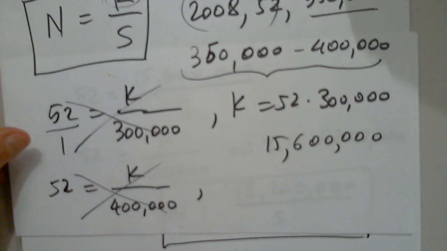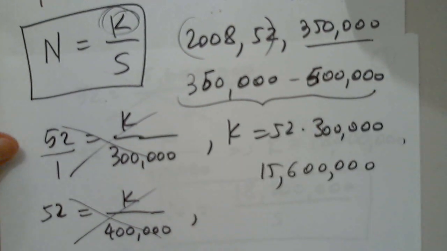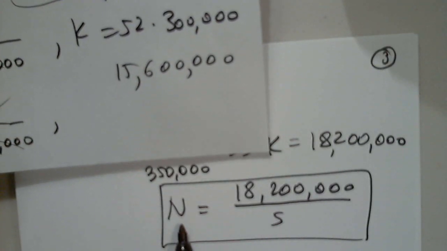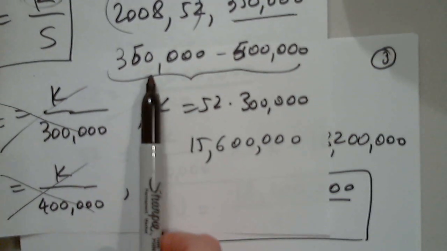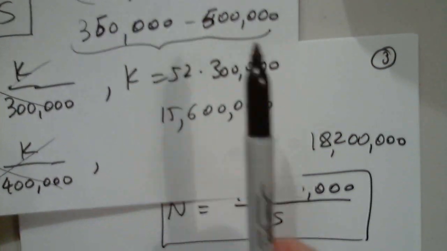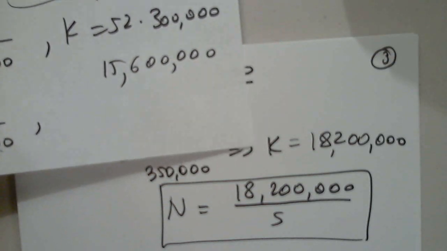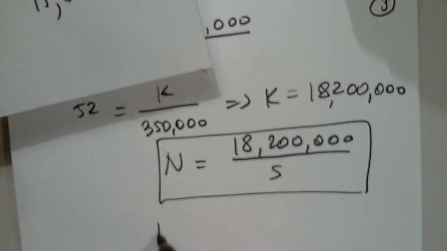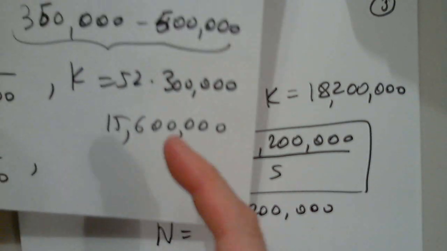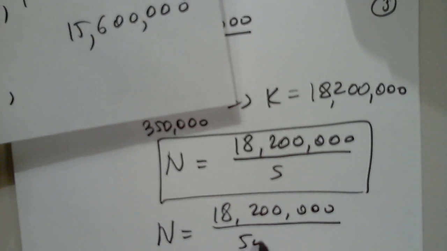Perfect. So we have the 350 to 500. So let's see what we get when N equals this with S equals 500,000.